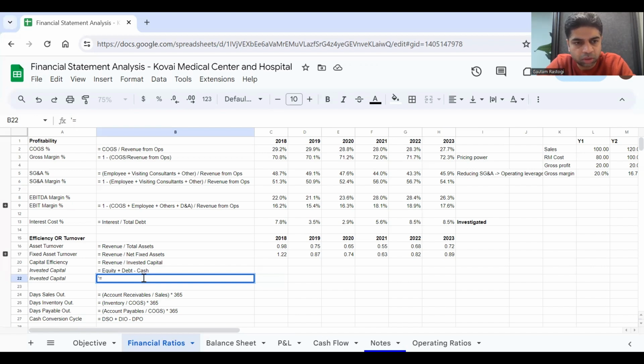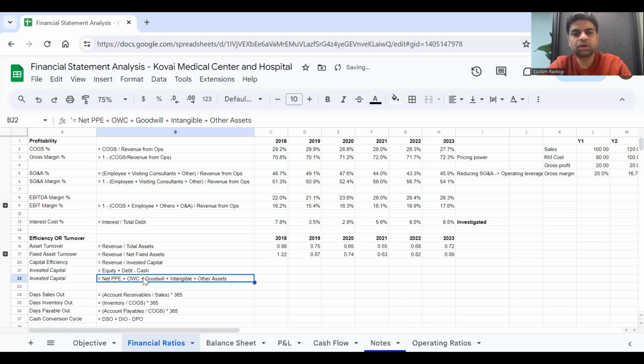So invested capital is net PPE plus operational working capital, which is basically the non-cash working capital, and I'll explain what it is. And then any goodwill, any intangibles, and any other assets.